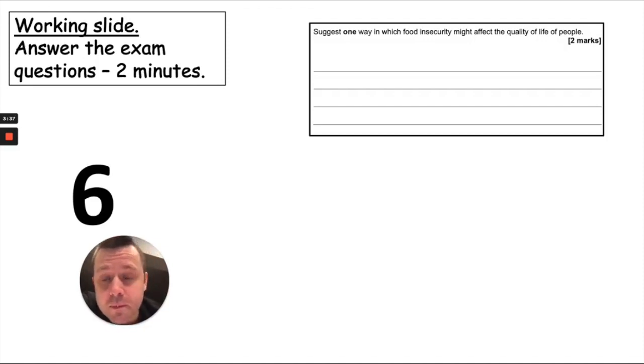And the other example that's going to affect quality of life of people is the example in Venezuela. So that was an economic issue, but obviously it's going to affect people's quality of life and level of happiness. You only need to talk about one of them because it says in bold 1. 2 marker, 2 minutes. Pause the video now and have a go.